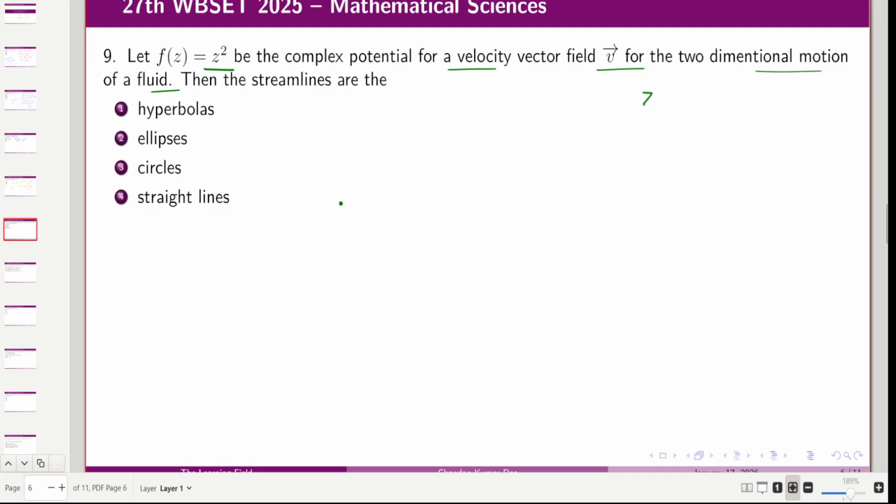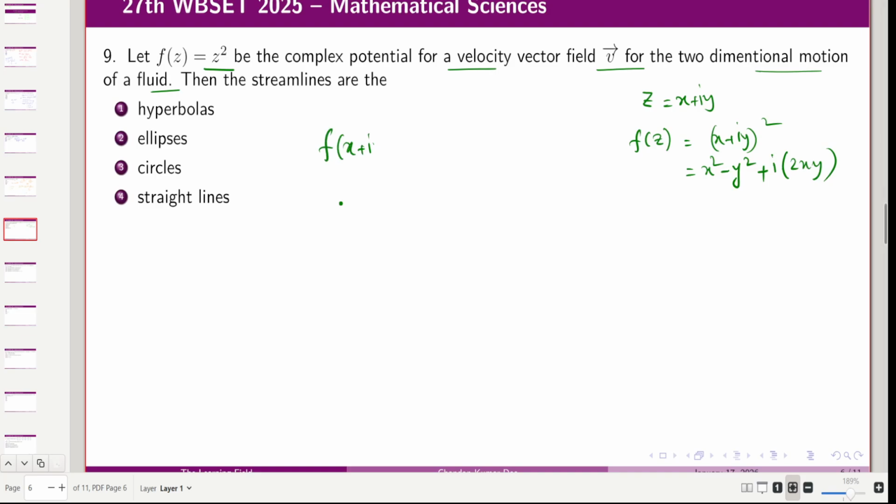We all know that z equal to x plus iy. If I put that, then what is the value of f(z) first? (x plus iy) whole square is equal to x square minus y square plus i into 2xy.